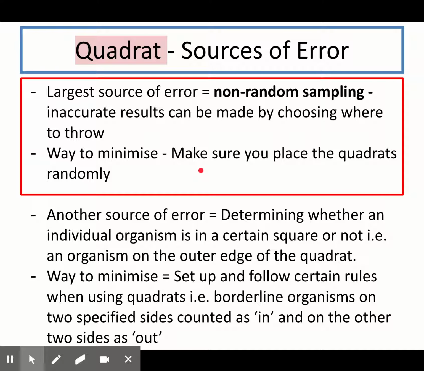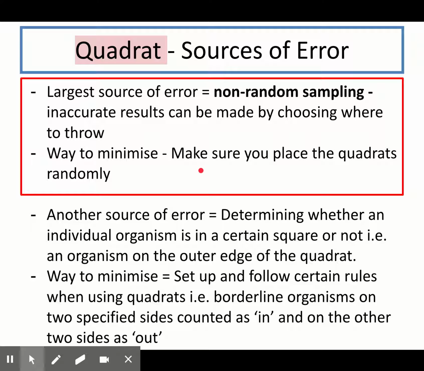So the largest source of error that we normally have with a quadrat is called non-random sampling. So inaccurate results can be made if you choose where to throw. So for example, if I walk into a field and there are lots and lots of daisies down one end, and the other end of the field doesn't have very many. If I choose the bit that has lots of daisies and just place my quadrat down there, that is not a random sample, and that is a big source of error.